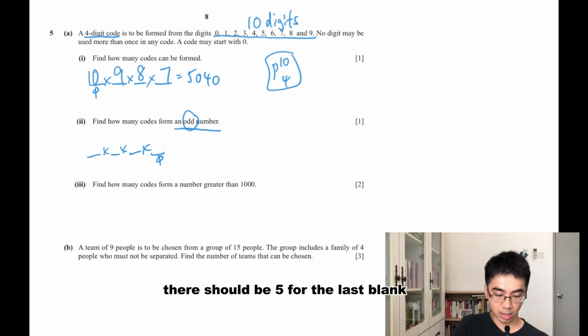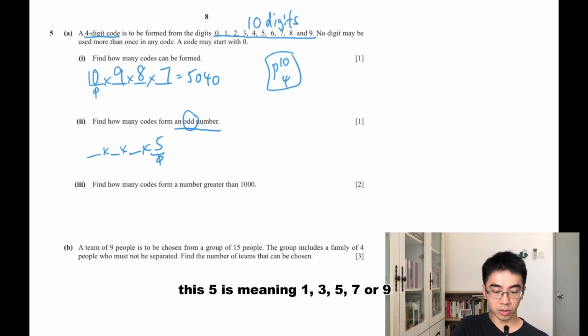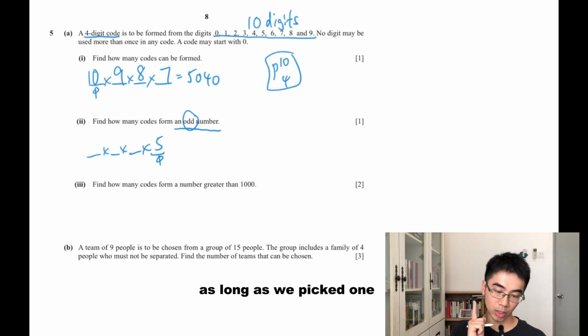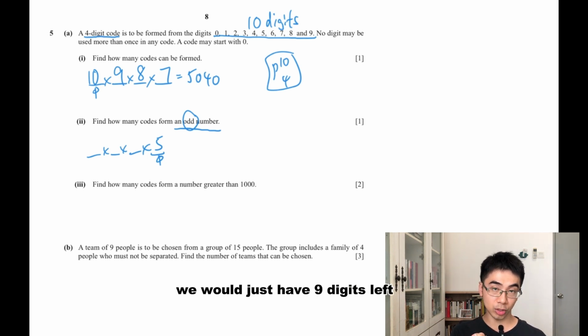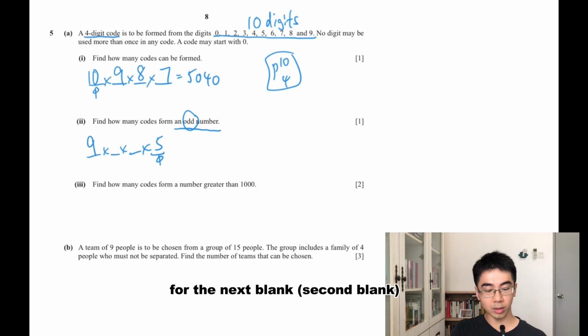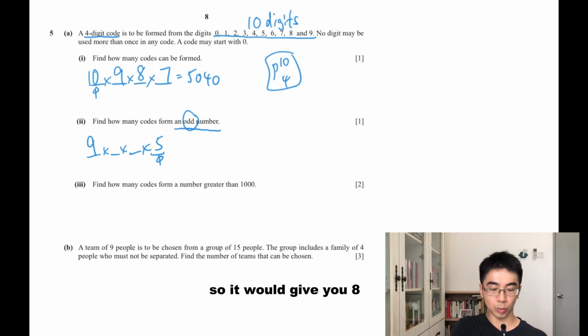So there should be a 5, meaning either 1, 3, 5, 7, or 9, just pick one. But as long as we pick one, we will have 9 digits left. So coming back to the first one, it must be 9. For the next one we have used one more, so it leaves 8, followed by 7.